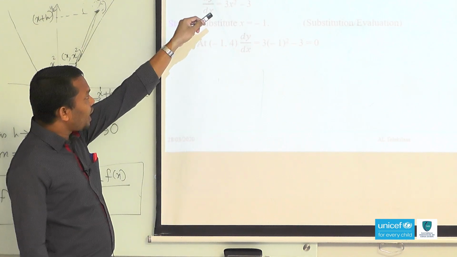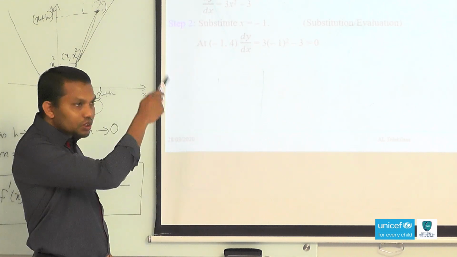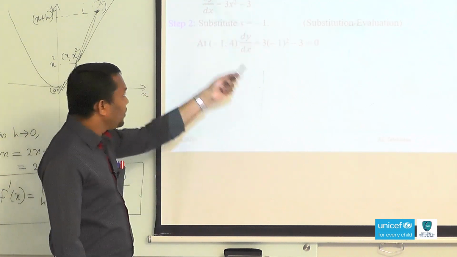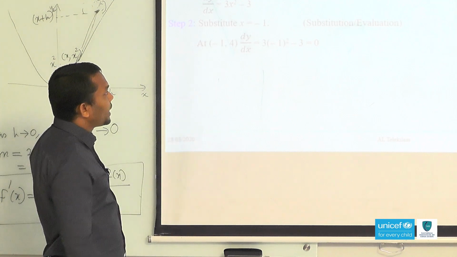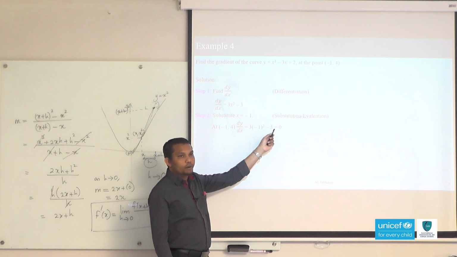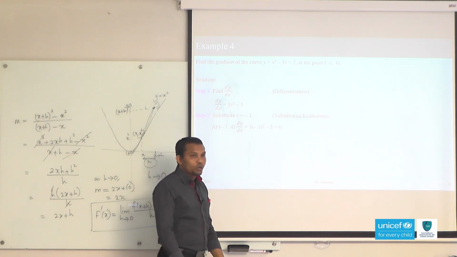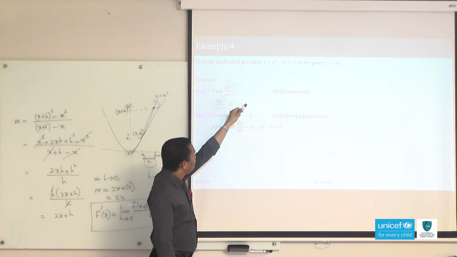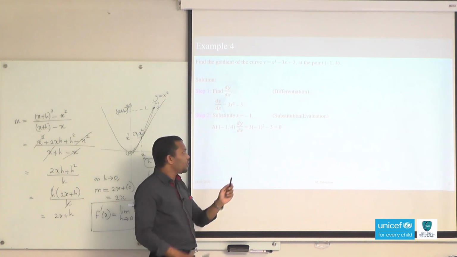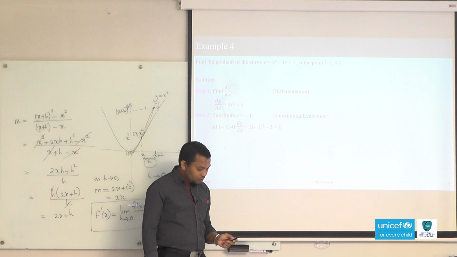If we find the derivative of this function using the rules, you get 3x squared minus 3, and then we substitute the x coordinate of the point (-1, 4), which is -1. We get 3 times (-1) squared minus 3, which simplifies to 0. So, the gradient of this curve y equals x cubed minus 3x plus 2 at (-1, 4) is 0.